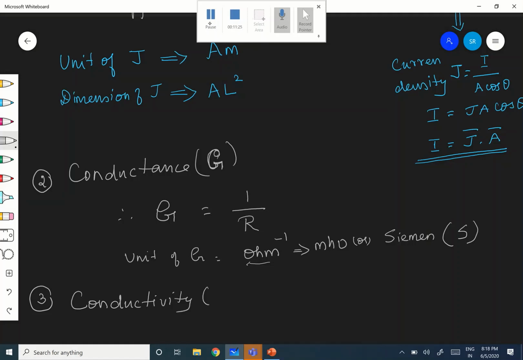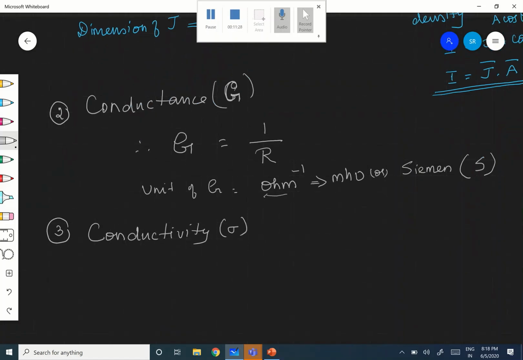Conductivity is denoted by sigma. Conductivity is nothing but the reciprocal of resistivity. What is the unit of sigma? Rho unit is ohm meter. Therefore, unit of sigma is 1 by rho, which means ohm inverse meter inverse.